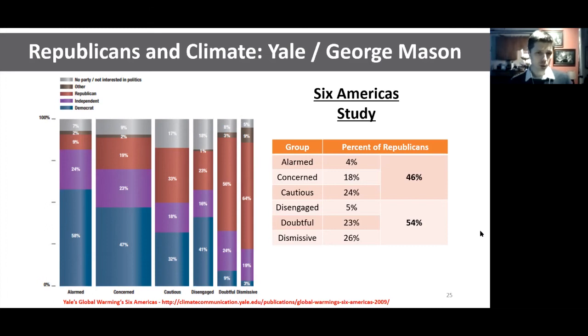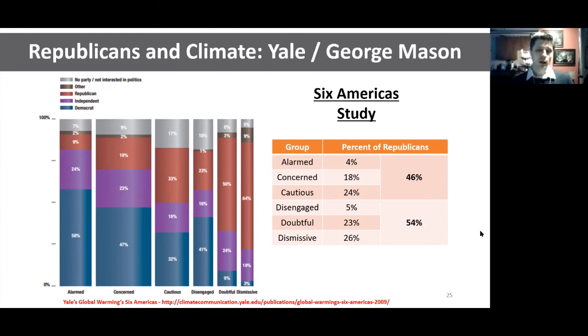If you look at the red ones, and I've summarized this in the table at the right, those in the alarmed, concerned, or cautious category, so people who are already there or could be convinced, represent a little less than half of Republicans, 46%. Those that are either disengaged or doubtful or dismissive are about 54%. So, roughly speaking, half and half, obviously in favor of the crowd that dissents from the climate science.